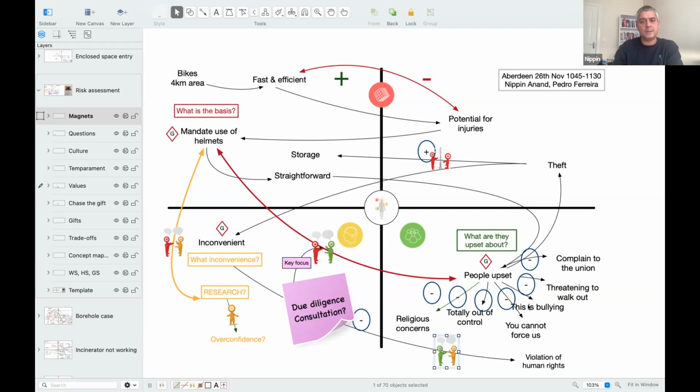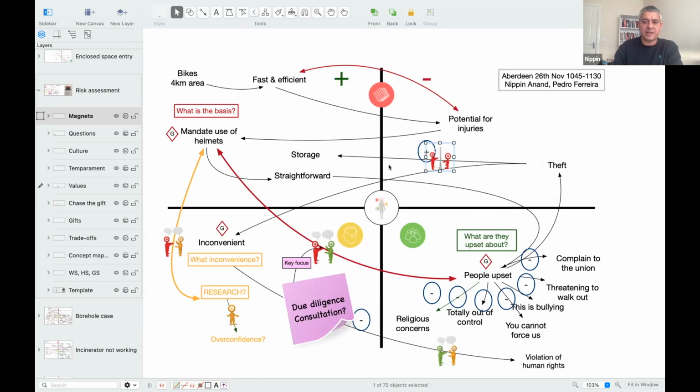Similarly, here you can see that somebody sees it as an inconvenience, but it's not really an inconvenience. This is a cultural issue where people believe that this is a violation of human rights, pushing people to do something that they don't quite buy into. Similarly here, you're busy giving people solutions in workspace.